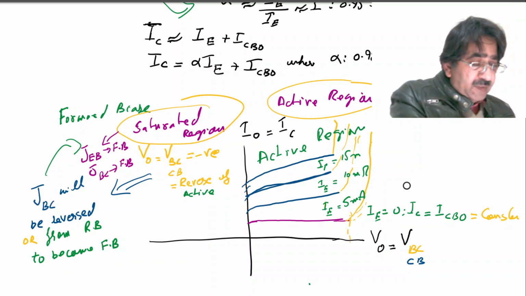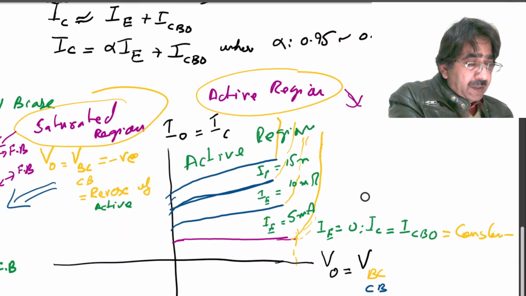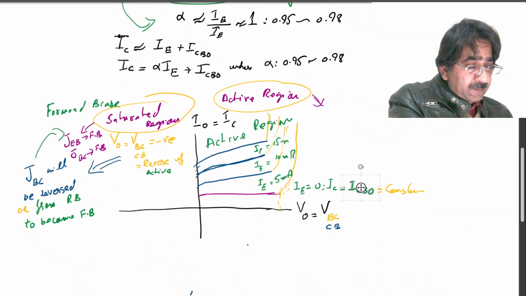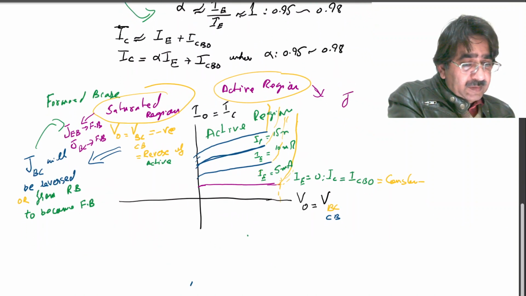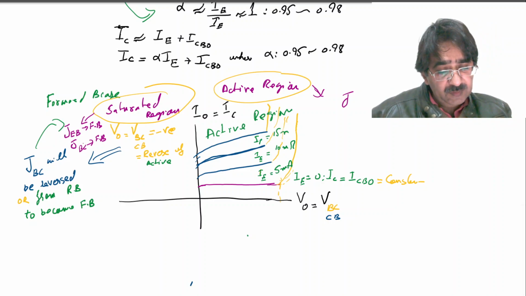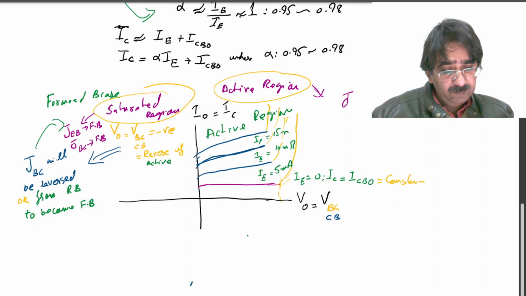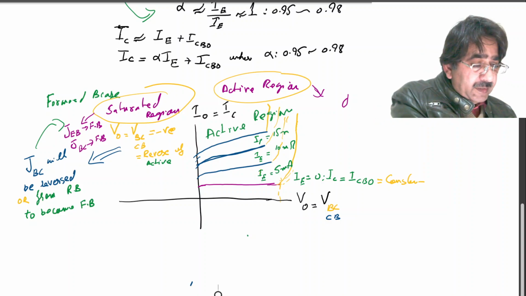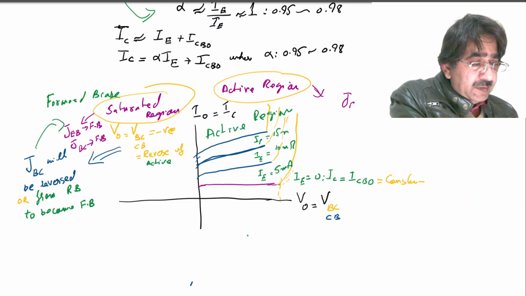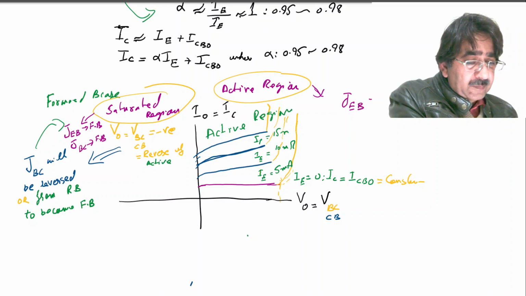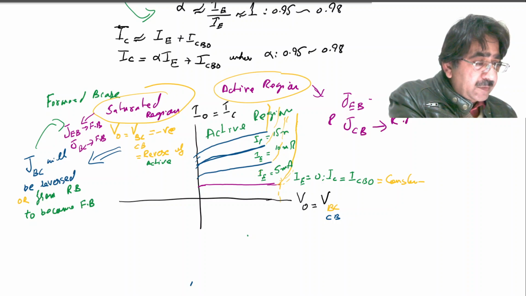And why is this the active region? Because here JEB is a forward bias, and JCB is a reverse bias.